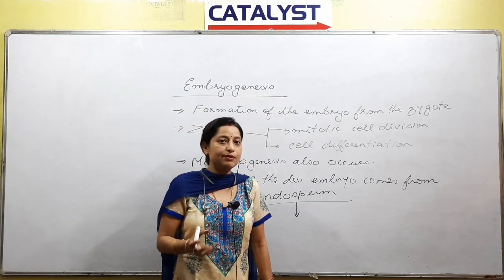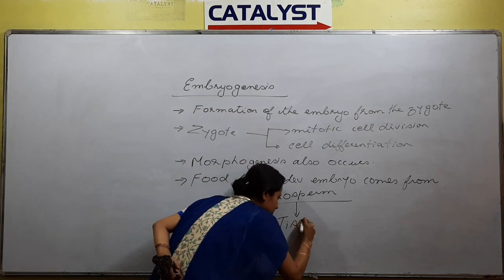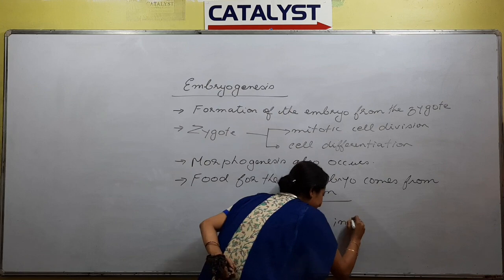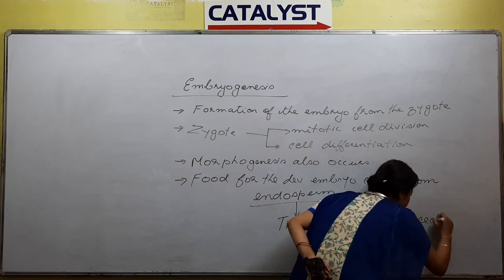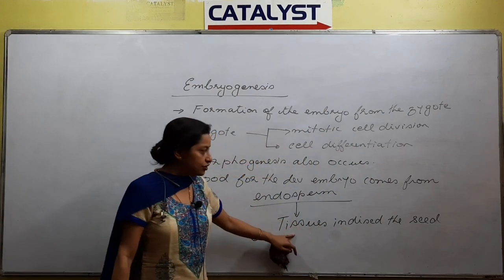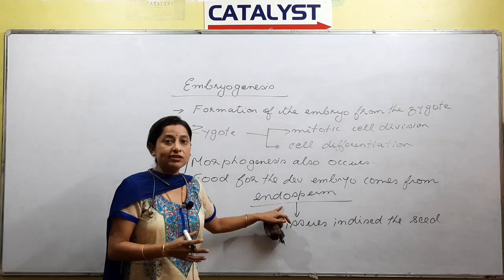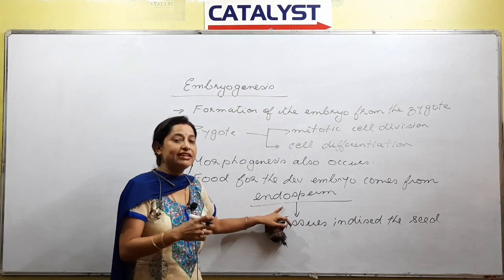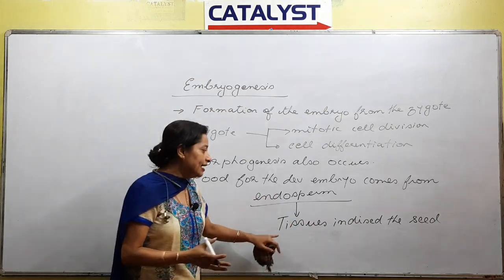We have read about endosperm, we have a rough idea. Endosperm is nothing but tissue inside the seed. These are certain tissues found inside the seed, and their function is that they give nutrition to the developing embryo. Is the point understood?